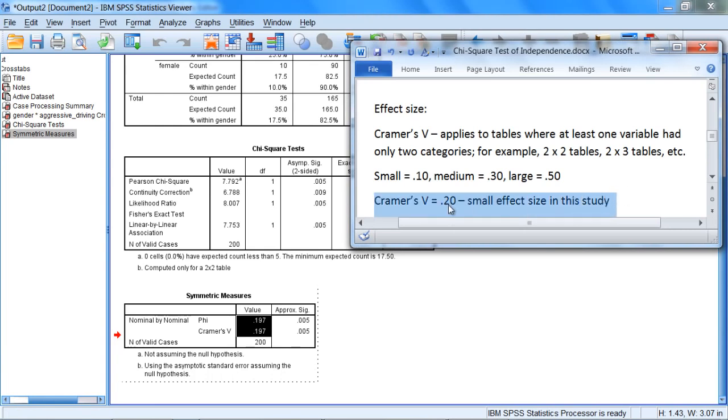So Cramer's phi of 0.20, notice that doesn't reach the 0.30 medium category, so that indicates that it is in fact small, where the small ranges from 0.10 all the way until it bumps against this category, so 0.10 to 0.29. So 0.20 falls within that small range, so we would say we have a small effect size in this study.